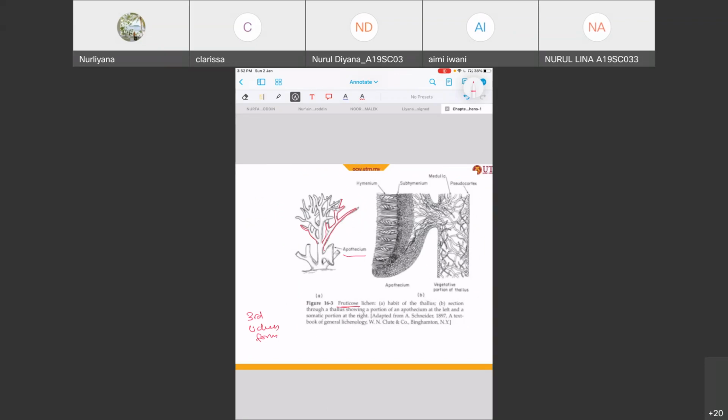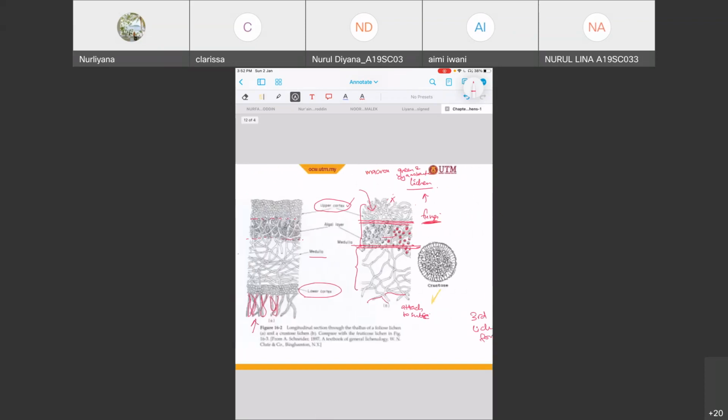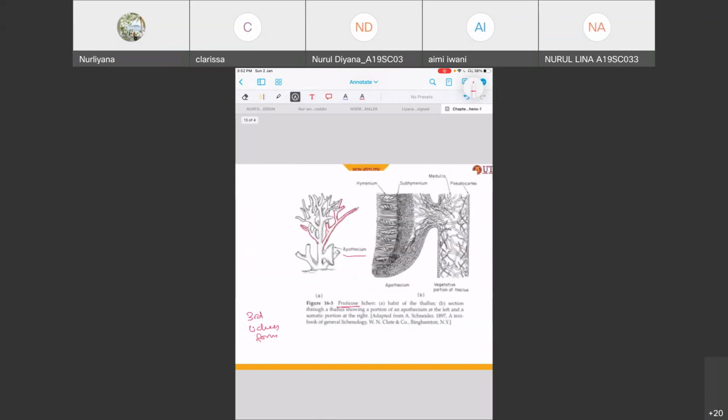So they have a different structure here that differentiates fruticose from foliose and crustose. They have this cortex, this is a medulla. This is the pseudocortex, we call it pseudocortex because of where it is located, and they form into a hymenium and subhymenium.